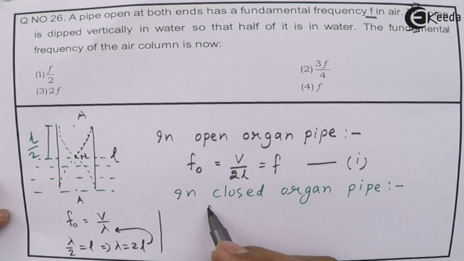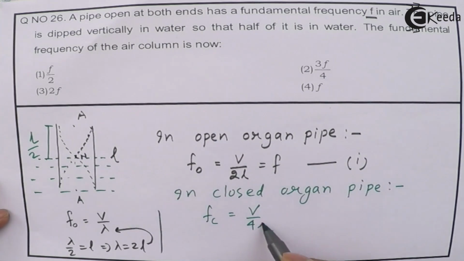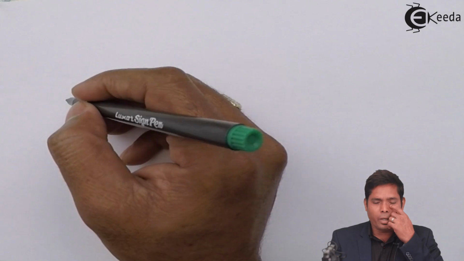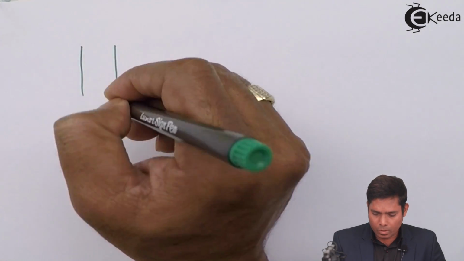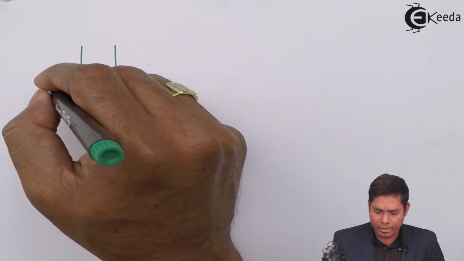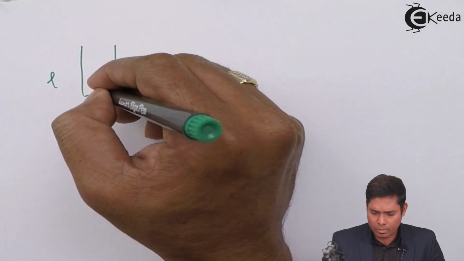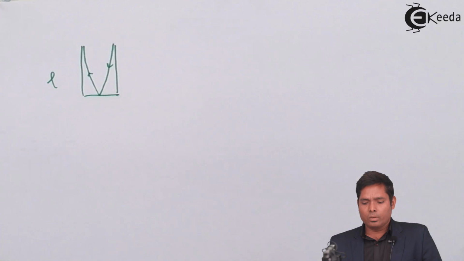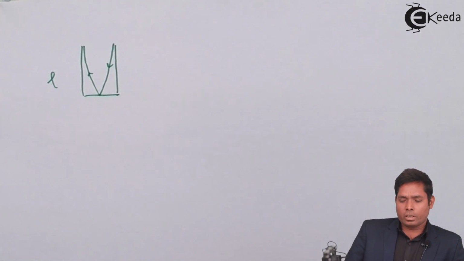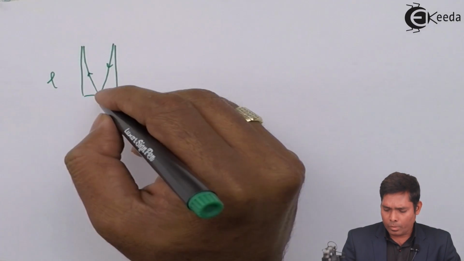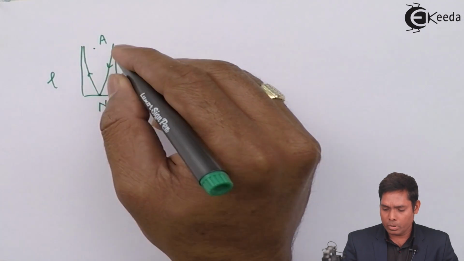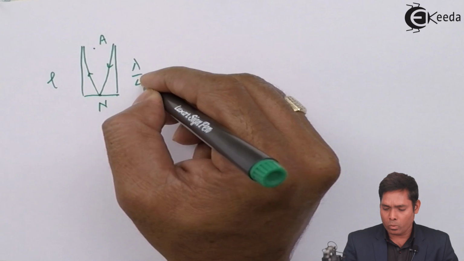In a closed organ pipe, the fundamental frequency Fc is given by V by 4L, because if we have a pipe closed at one end and length is L, this is how the stationary wave is formed. This is a node and this is an antinode, and the distance between node and antinode is lambda divided by 4.